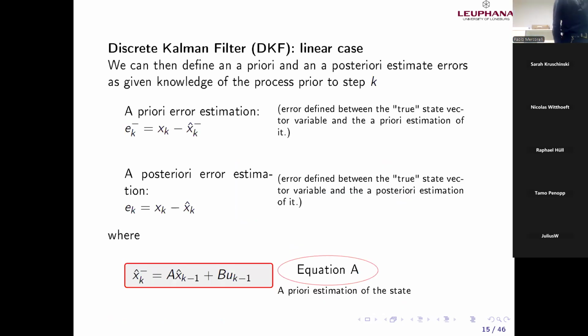Let me start with the 5 equations. The first equation, equation number 1, must be applied if you want to implement the Kalman filter. Let me start from this equation at the end of the slide.